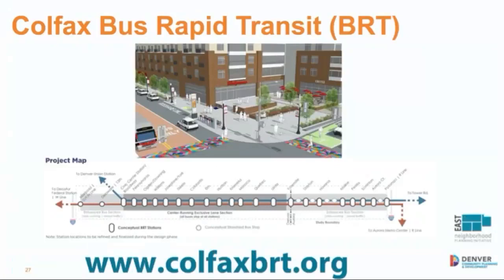So when we look at what the stations will be along Colfax, the locally preferred alternative that's moving forward at this point is a center running BRT with center station platforms. Those platforms would have amenities such as shelters, seating, potentially fare payments, or things along those lines. But the details of those stations have not been worked out yet.